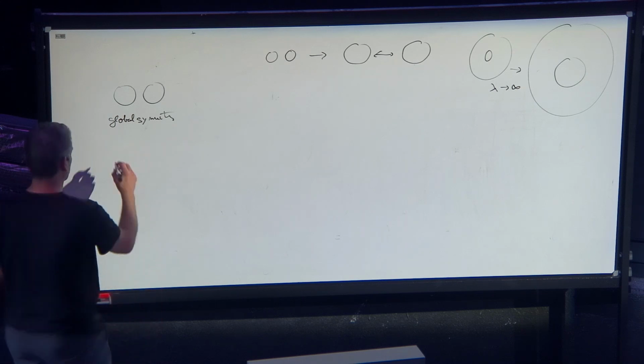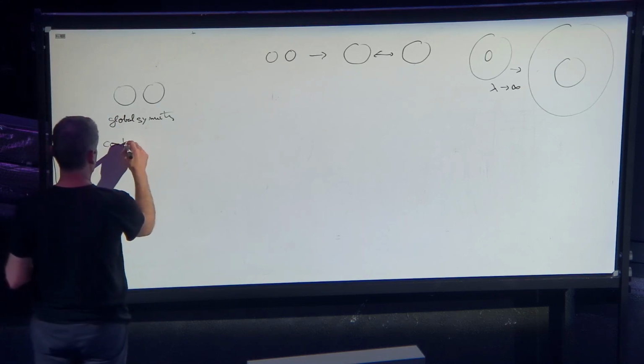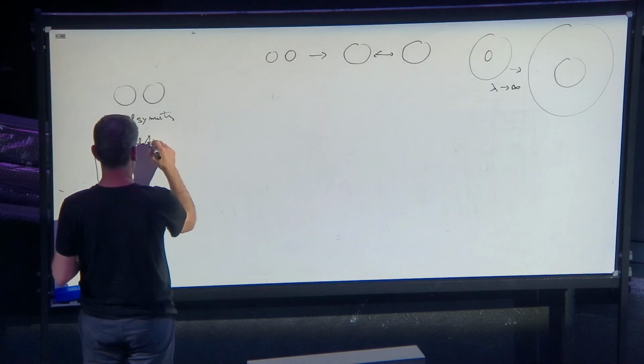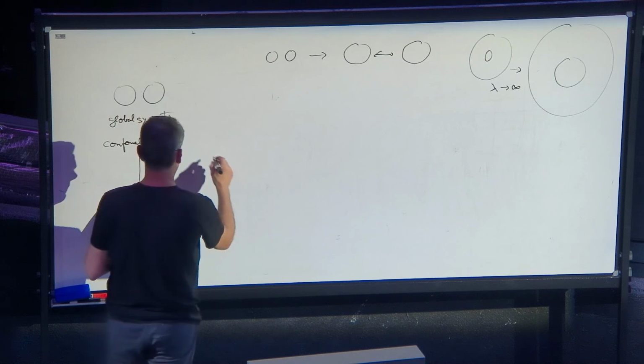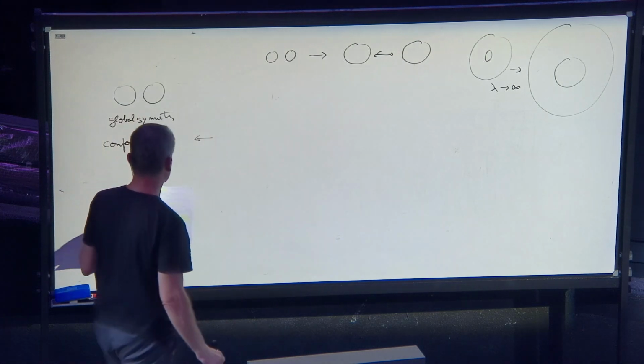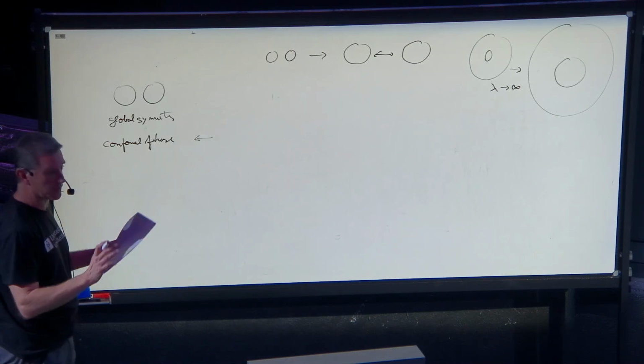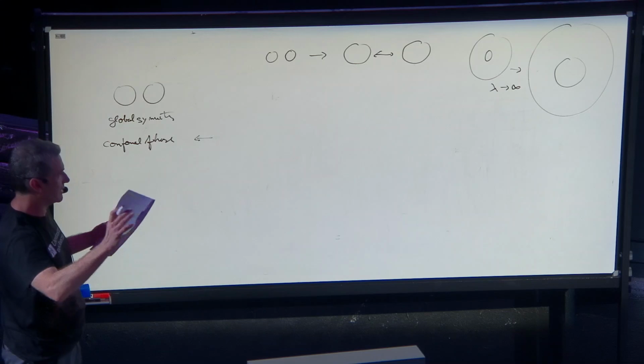So you will have a conformal phase, where the relative entropies will depend on the cross ratios, because it's a conformal phase, and will be constant.